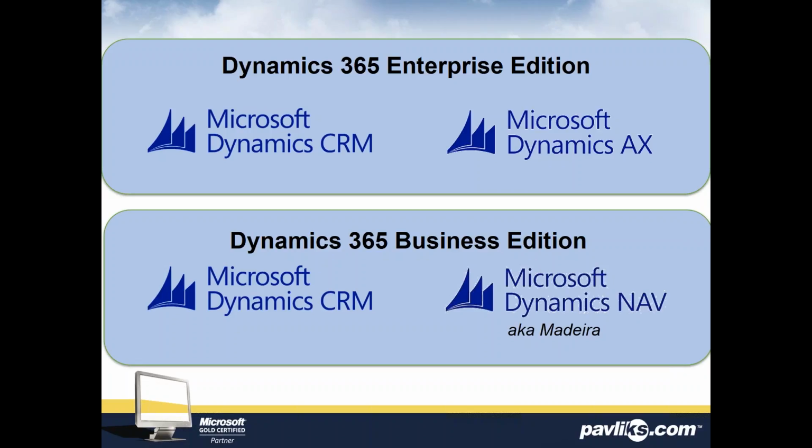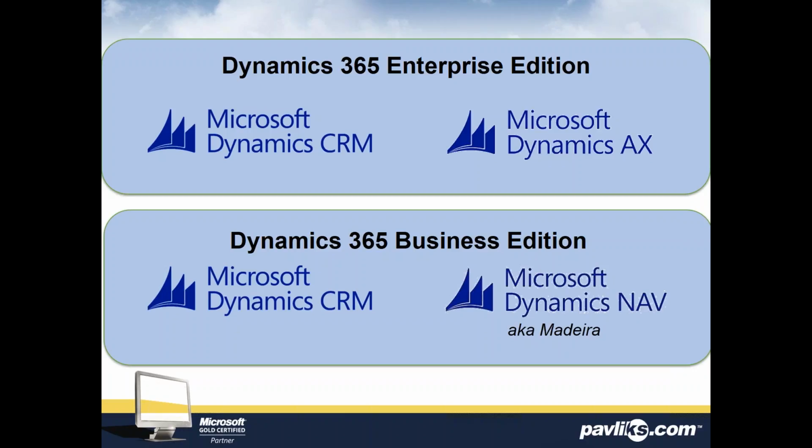And what they've done is they've brought the Enterprise Edition together with the CRM. So Dynamics CRM is now, the full capabilities of CRM are inside of Dynamics 365. And when they talk about the financials or the operational aspects of 365, they're really speaking about Dynamics AX, which is the ERP part. On the Business Edition, the elements like sales, marketing, and service are Dynamics CRM under the hood.